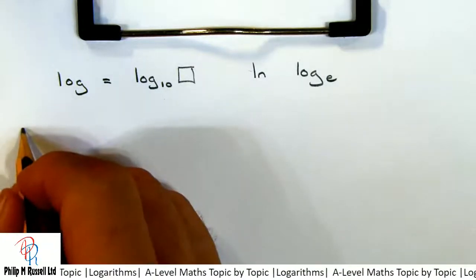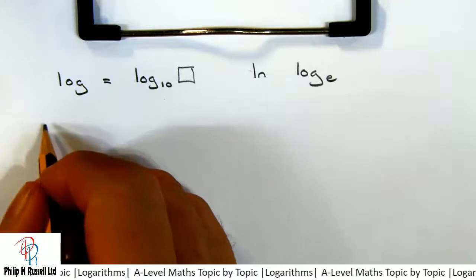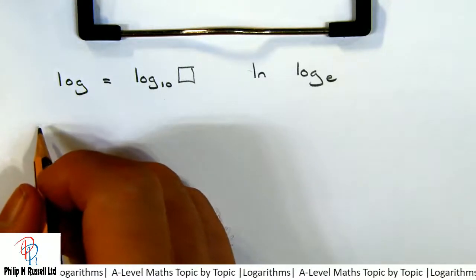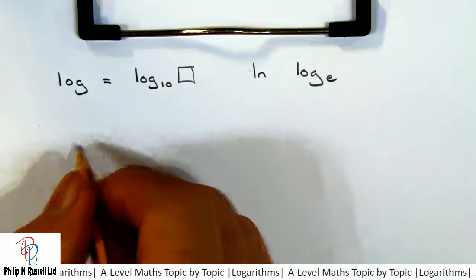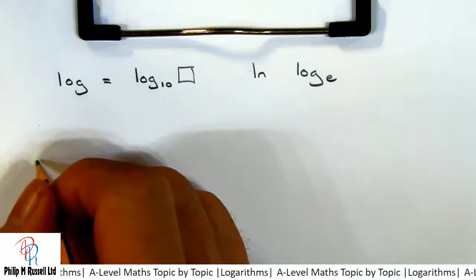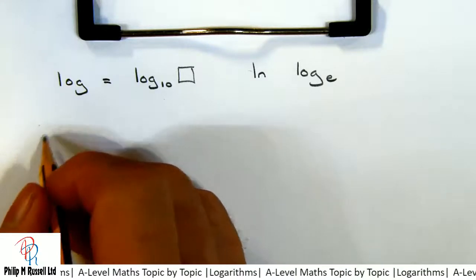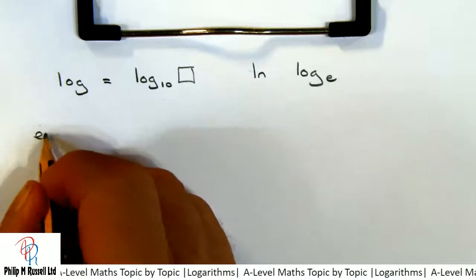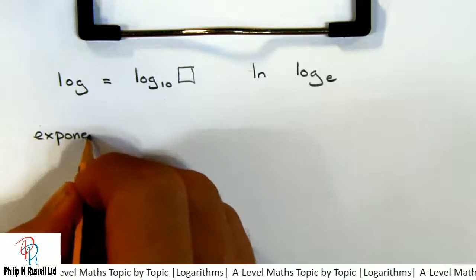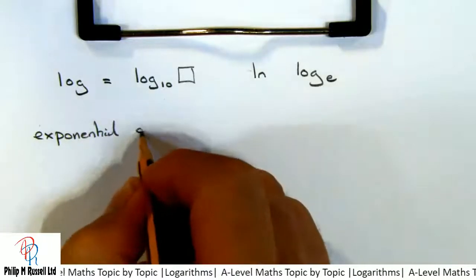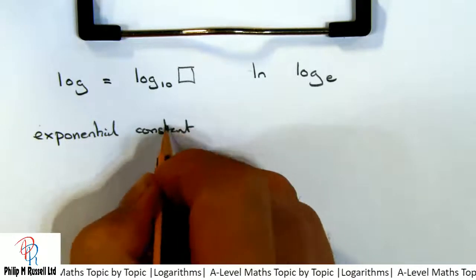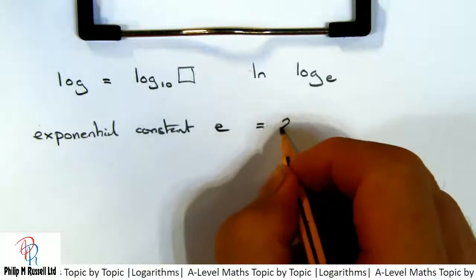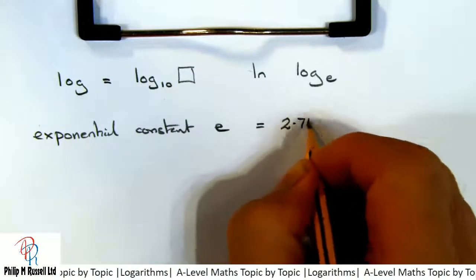Well, e is one of these peculiar numbers that if I take a number and I differentiate it, I end up with the same number. It's called the exponential constant, e, and it's equivalent in numbers to about 2.718.